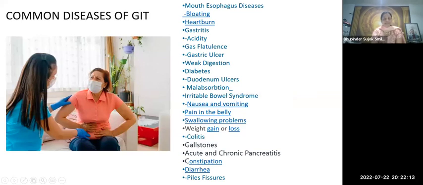Common disorders are, for example, mouth and esophagus diseases, bloating, heartburn, gastritis, acidity, gas, flatulence, ulcers, weak digestion, diabetes, duodenal ulcers, malabsorption, irritable bowel syndrome, nausea, vomiting, pain in the belly, swallowing problems, weight gain or loss, colitis, gallstones, acute or chronic pancreatitis, constipation, diarrhea, piles, fissures.